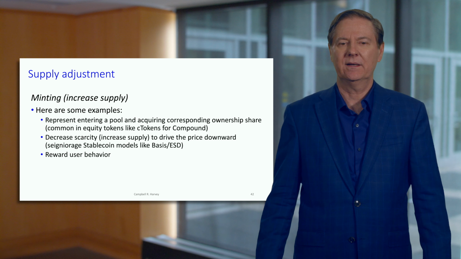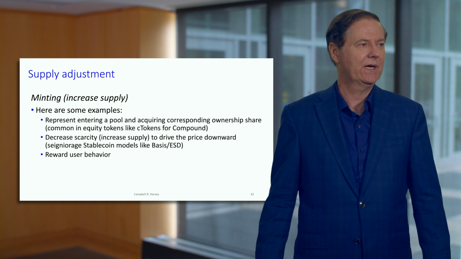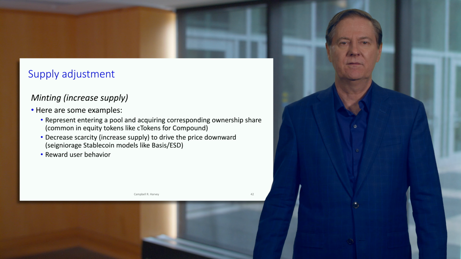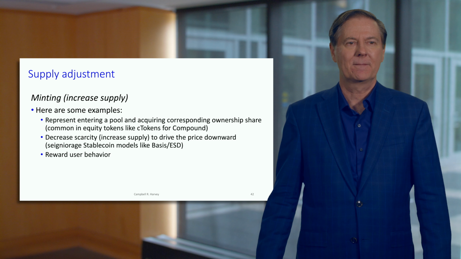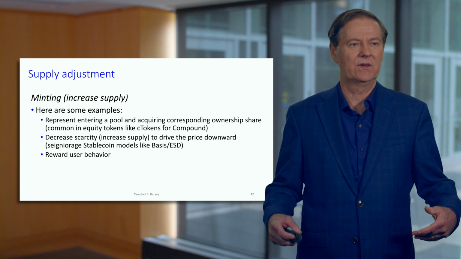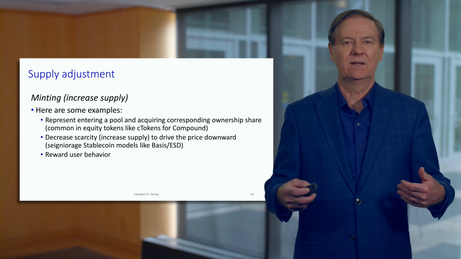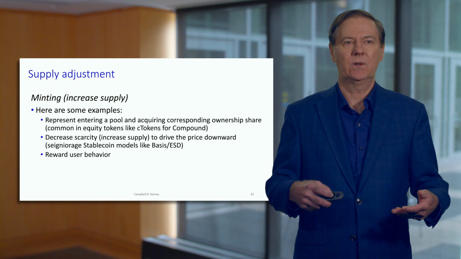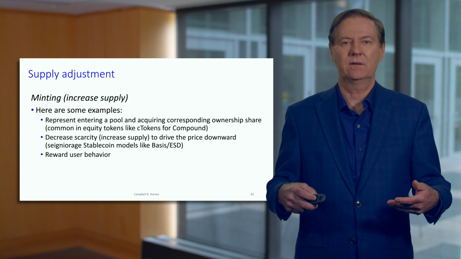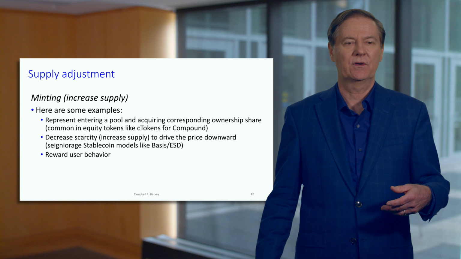Again, there's a number of examples here. I've already given you the key example: if you enter a pool, there would be a minting of a token that is an equity token that represents your share. If you exit that pool, then that token, when you send it to the contract, would be burned.